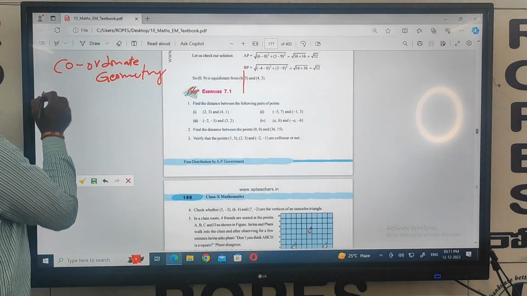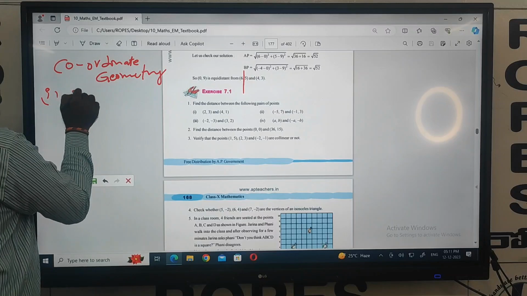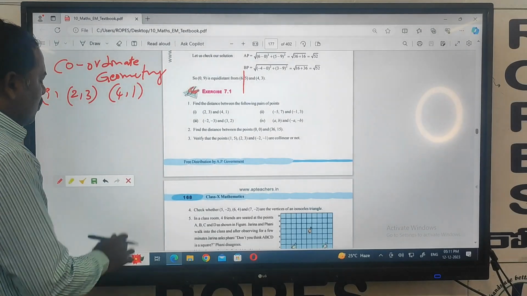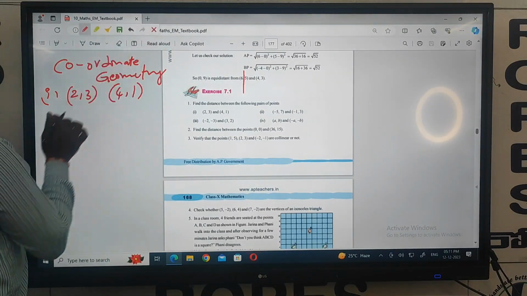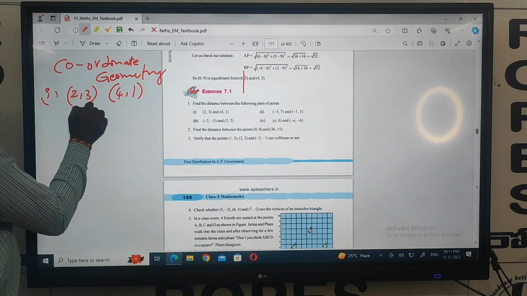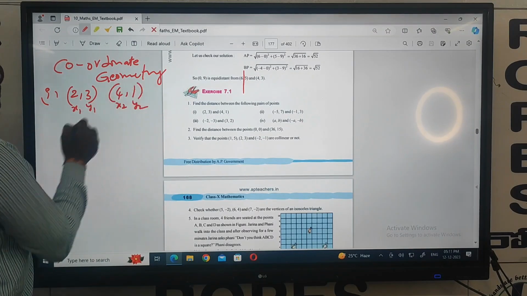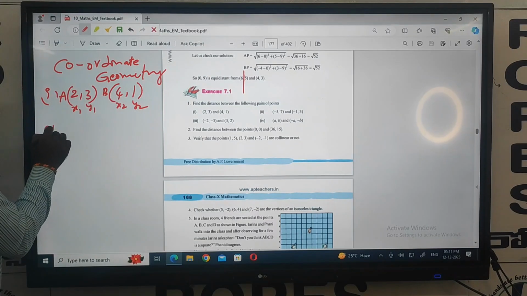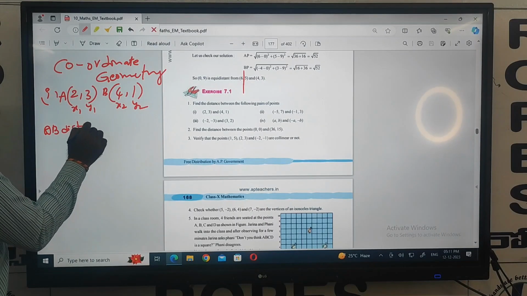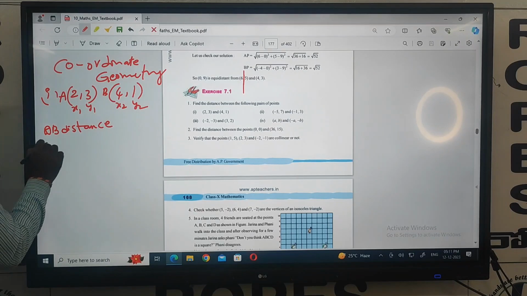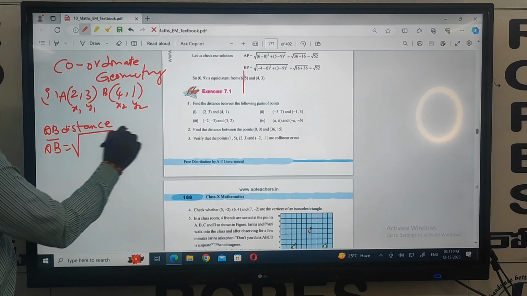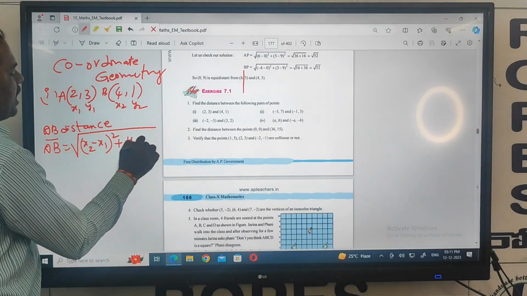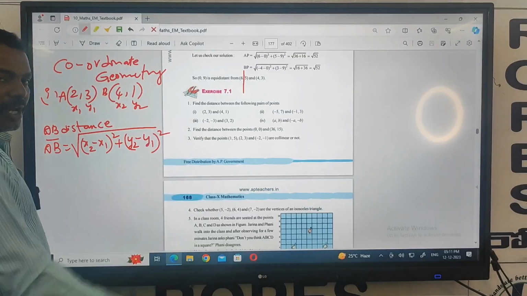In the first one, they have given the points (2, 3) and (4, 1). We know the distance formula. We take x1, y1, x2, y2. Let this be point A and this be point B. AB distance is equal to root of (x2 minus x1) whole square plus (y2 minus y1) whole square.